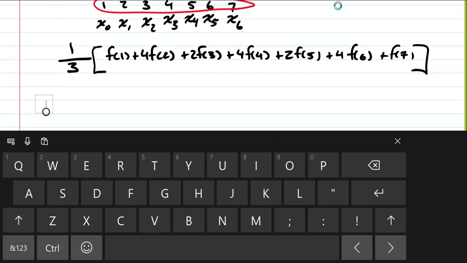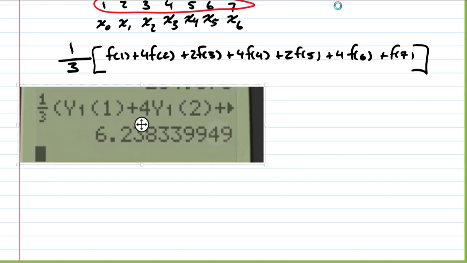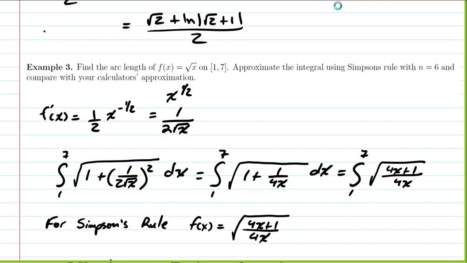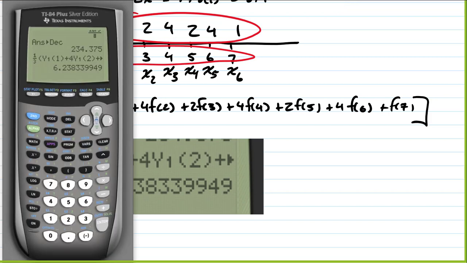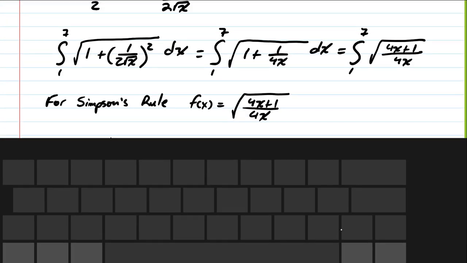So the second part says compare this to the value that your calculator approximates. So I've been holding out on you. If we go into alpha window, you'll see choice number 4 there, right? It says fnInt. So if we go down to this, you'll notice it puts in a nice little integral symbol and a whole bunch of stuff for you.